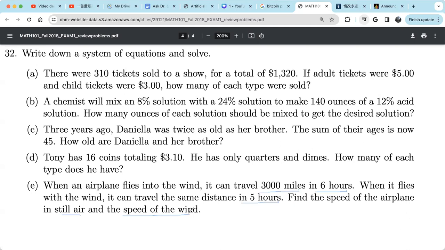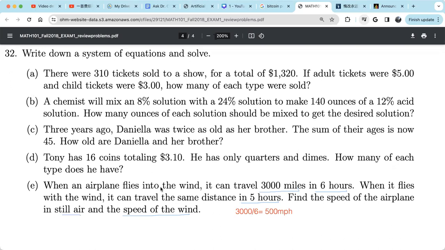All right, let's see how to do this. So speed is distance divided by time, which is 3,000 divided by 6. Right? So this is against the wind. 30 divided by 6 is 5, so we get 500 miles per hour. That's the speed. When it flies with the wind, it can travel the same distance in 5 hours.